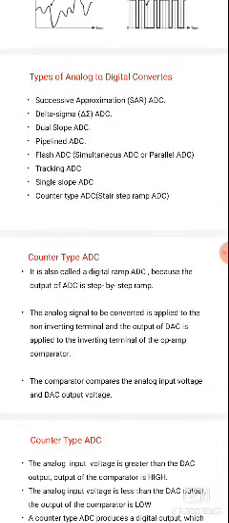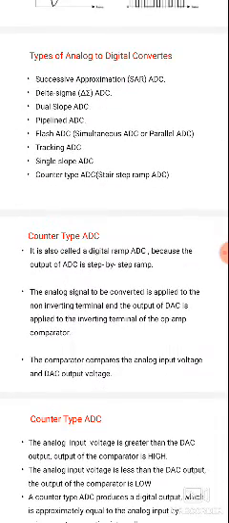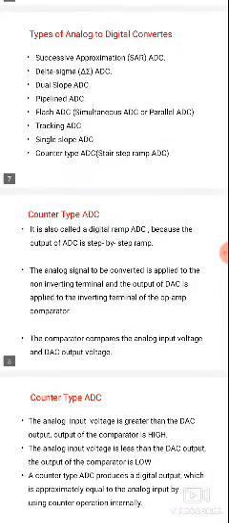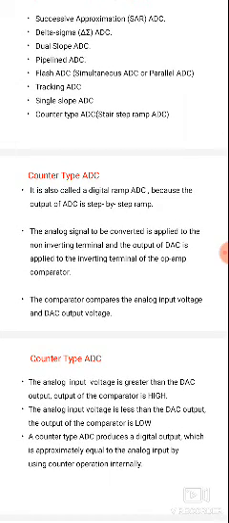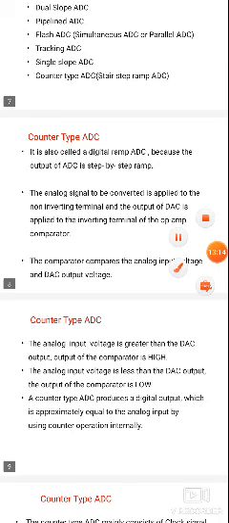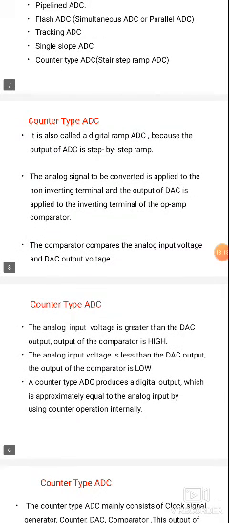Now I am going to explain the counter type analog to digital converter. In the counter type also we give an analog input and get a digital output. But how does it change the analog input into digital output, and what is the process involved in an analog to digital converter using the counter method?